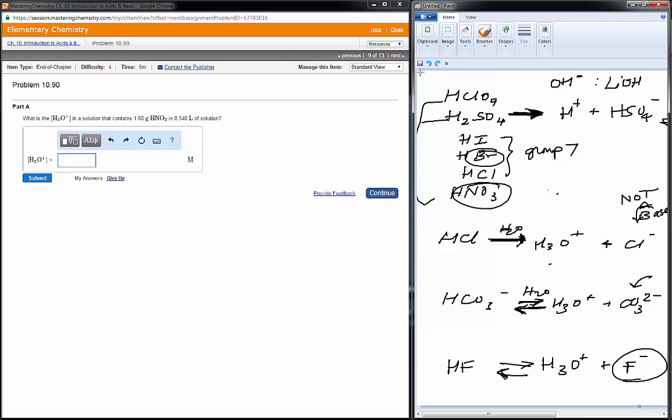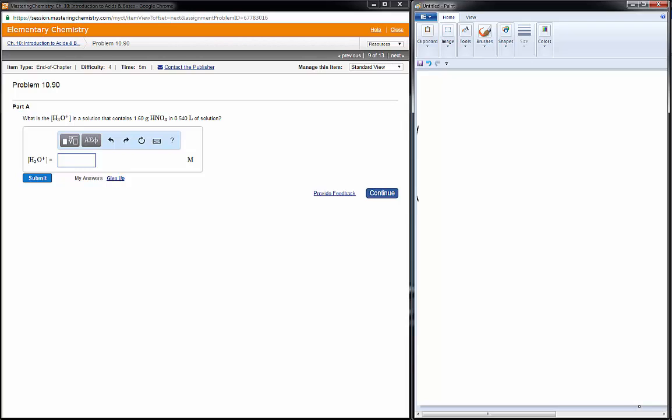All right, so right now we're looking at solution concentration units. This is actually nothing new. You have done this previously. We're just doing it with acids, so it's exactly the same thing. If I have HNO3 in water, it donates H+ to the water to make H3O+ and NO3-.